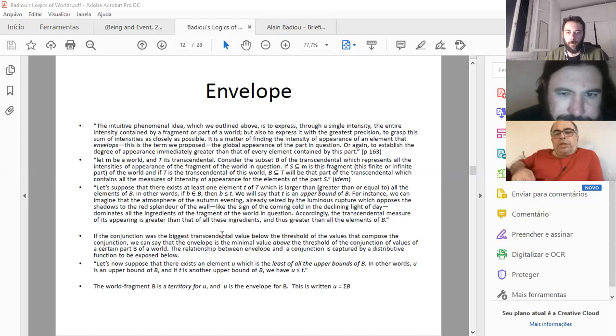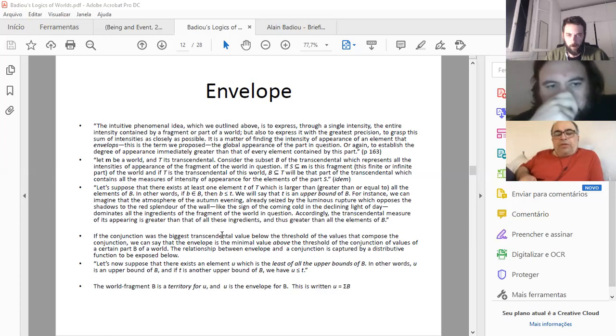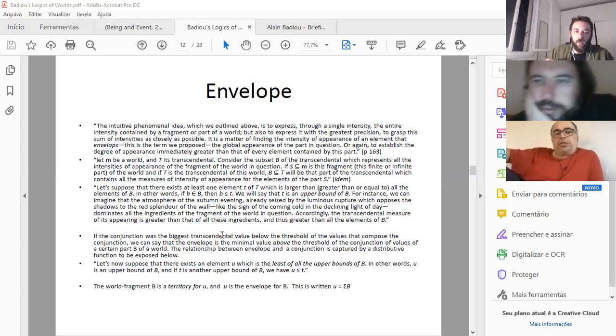Now you guys probably have seen this in algebra, but I haven't looked at the formal definition in Heyting. Is Heyting using the same terminology, like envelope? No. What does he use for this operation? I think they talk about conjunction, union, and things like this, more classical logical terms. But envelope is not union. Yeah, but I don't remember now. Let me see. I can even check for you.